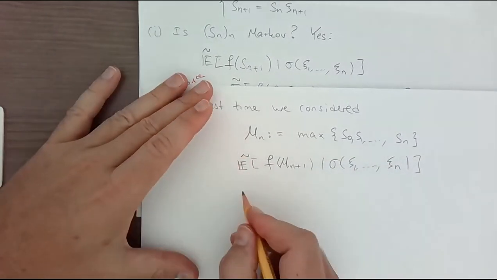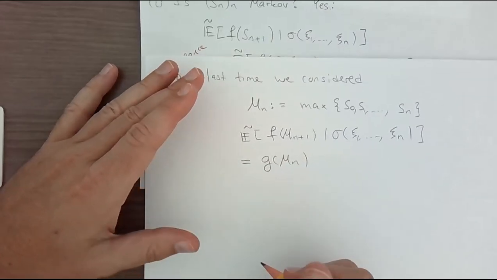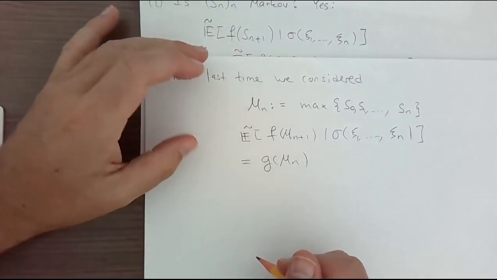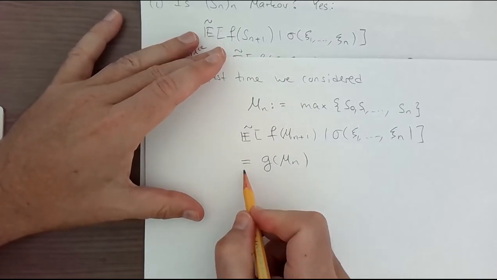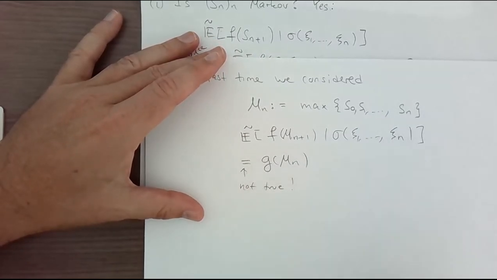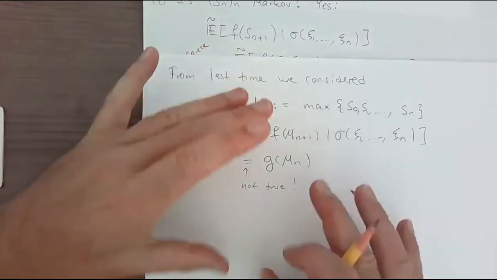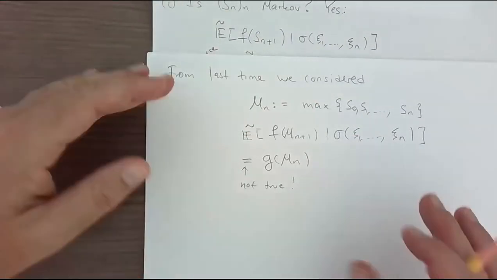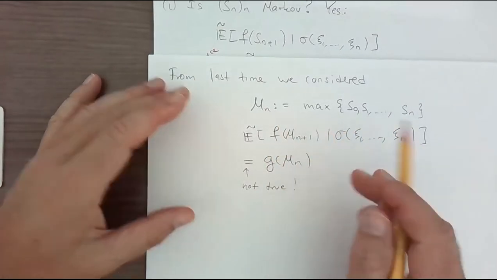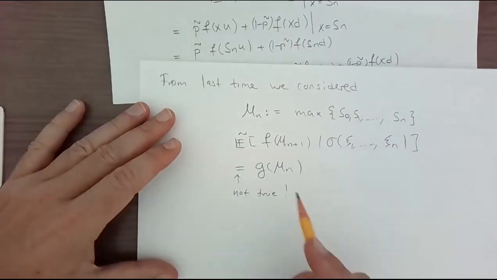So if you just skip the steps and write, well, this is equal to a function of M, this is not true. By going through the steps, in a case like this, that could help prevent mistakes from being made.